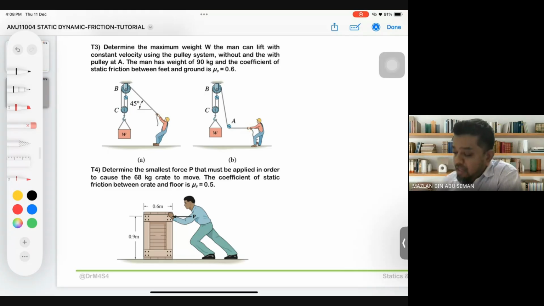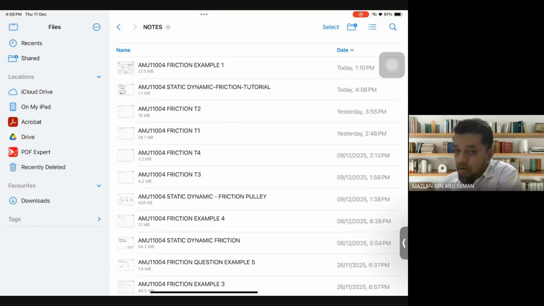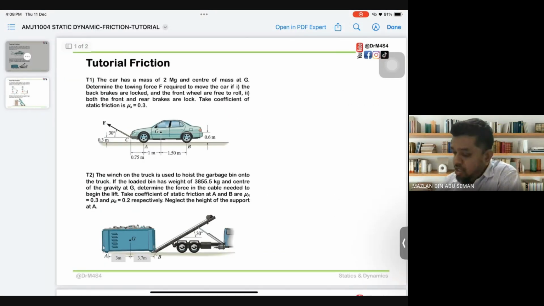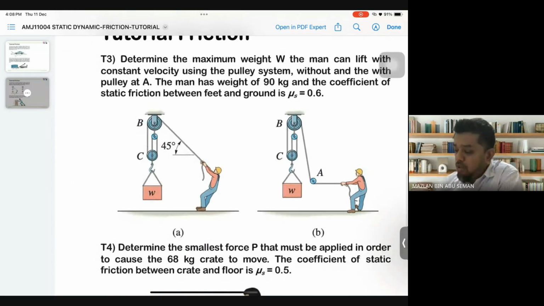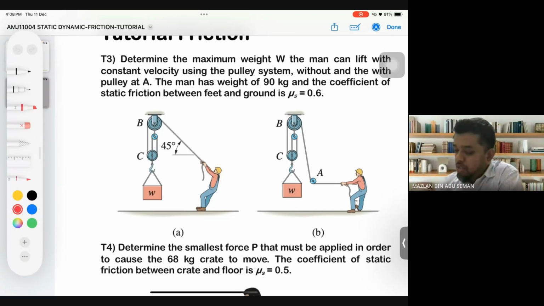Okay, so we're going to do number 3. And before anything else, as you can see for this question, we're going to pull the weight by using a pulley system.